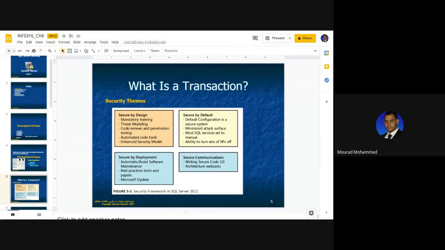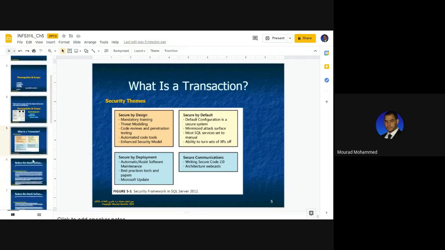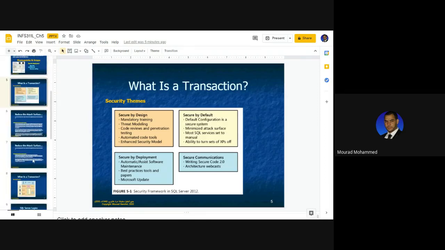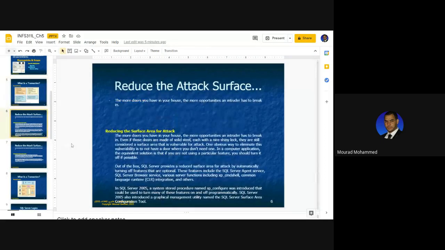So here we talk about writing secure code as one of the concerns to secure the communications. The themes that are seen to secure the communications are an enhancement.